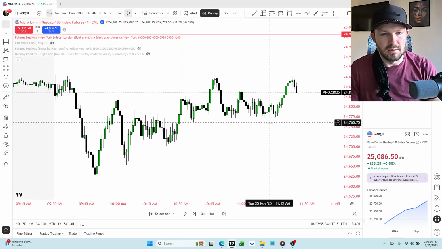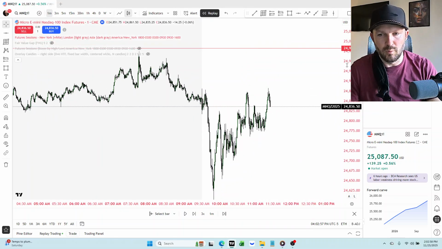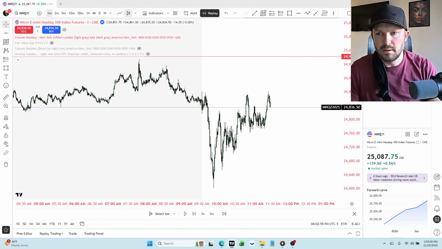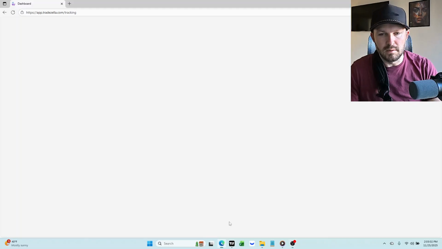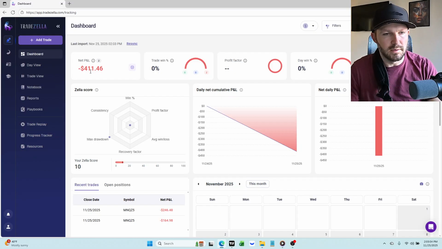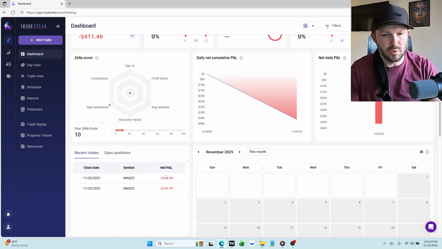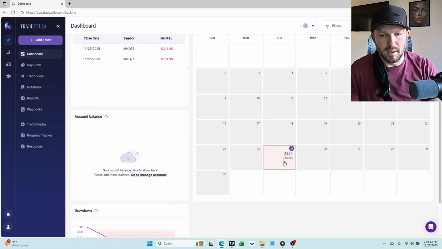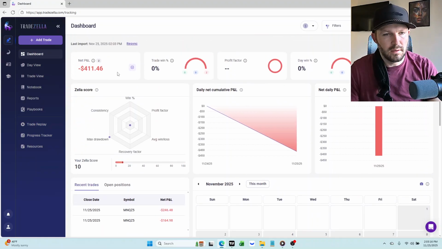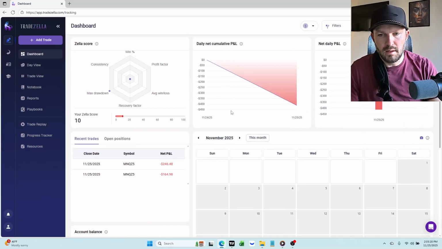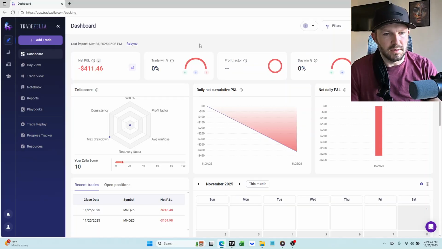So let me take you guys over to TradeZella where we can see the trades. Let's see, TradeZella. Okay, here it is. So yeah, I took 2 trades today on MNQ, both selling short. And yeah, 2 trades, $411 loss. But yeah, I don't know that there's much else to say.